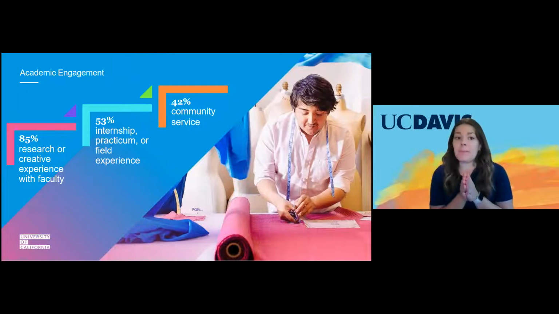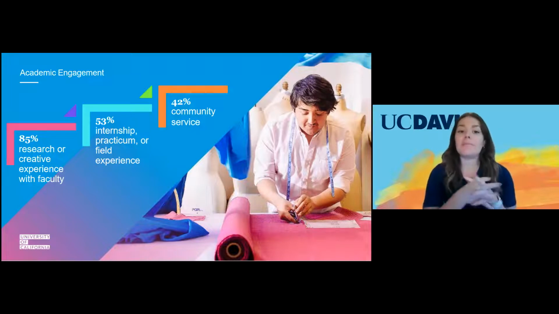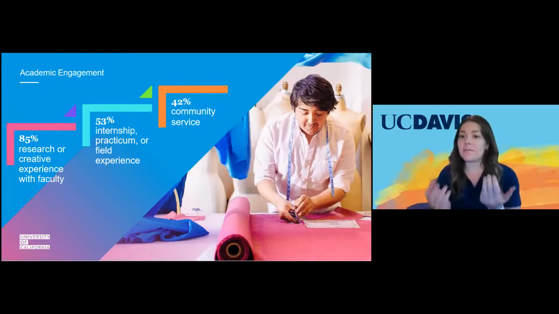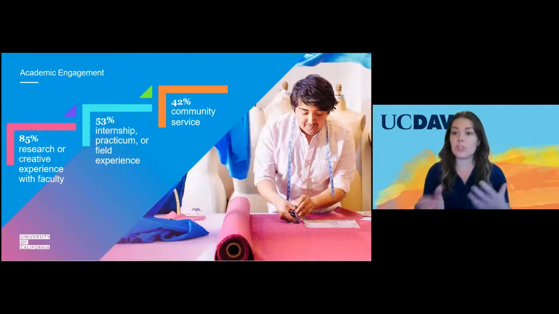Academic engagement is a big part of what we do. So a large percentage of students are doing research or other creative experience. Students are doing internships, practicums, and field experience, so making sure you have that hands-on experience in addition to any research that you may want to do. And there's also a lot of service happening on our campuses as well. So you can see there's a variety of different ways.